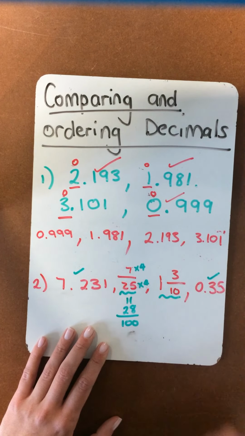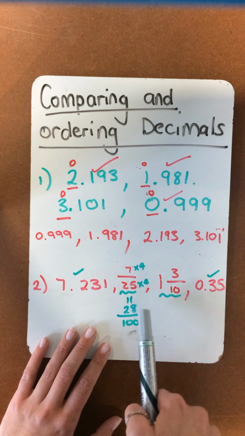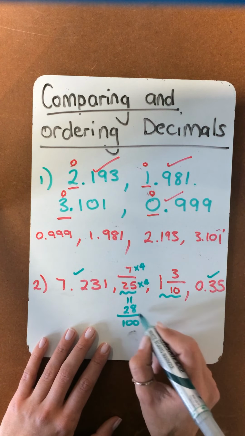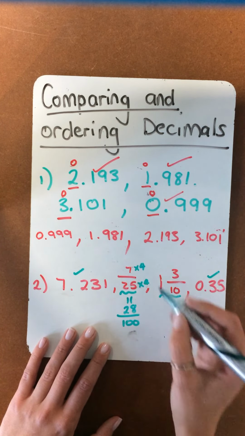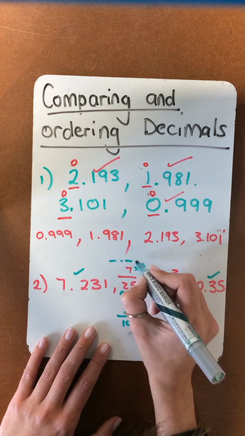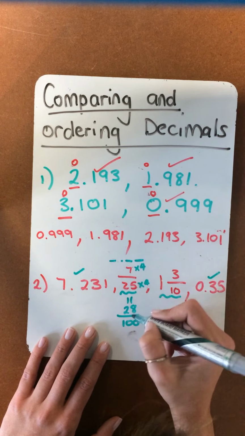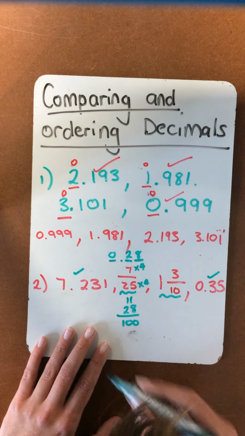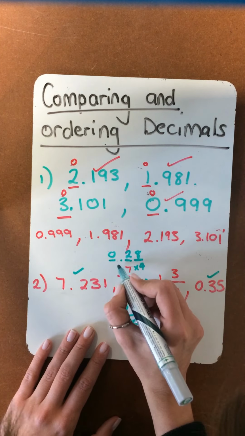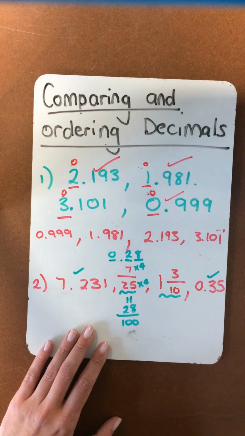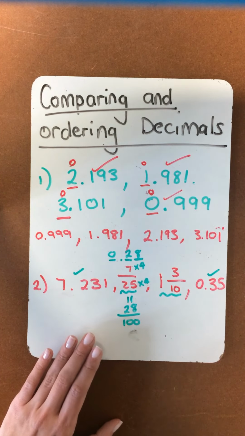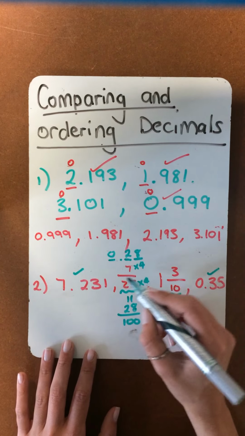Now I have 28 over 100, and it's easy to change this fraction to a decimal. Because I look at my denominator and I have 100, I know that I'm going to have numbers up until the hundredths place. Put my 8, put my 2, and I put the 0 in the ones place. 0.28 is that decimal there. 7/25 is the same as 0.28. So I've completed this one.